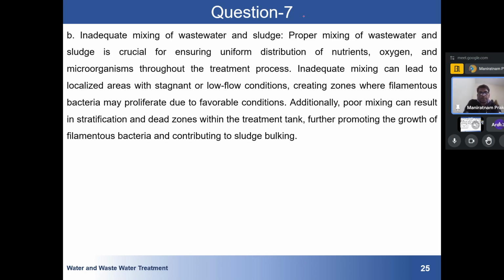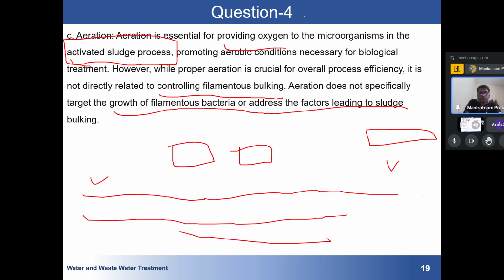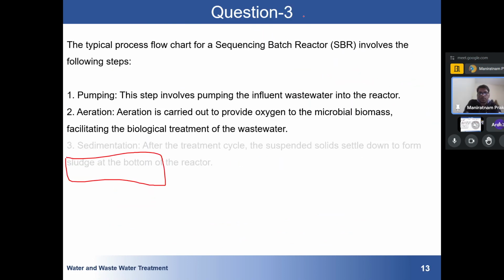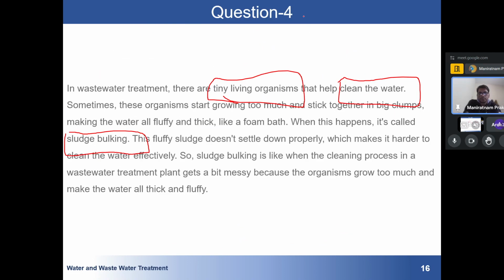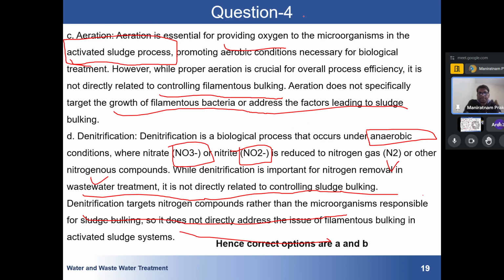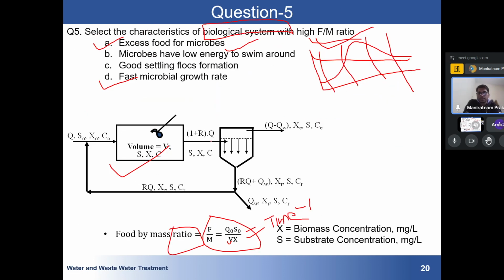Again, refer to that picture. Sorry for going back. So this was our system. Now imagine that you are not properly mixing, and it might happen that all the organic matter is here, all the microbes are here only, and the oxygen is here. All three things are at different locations.